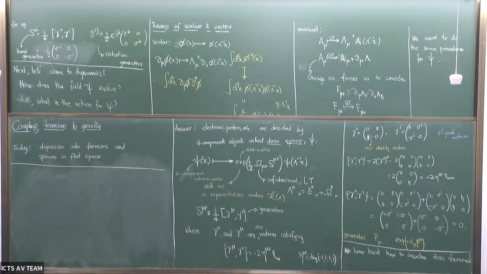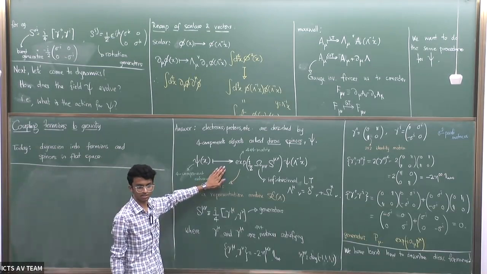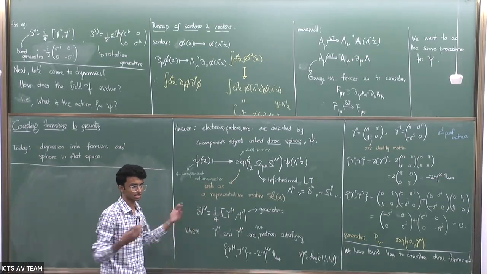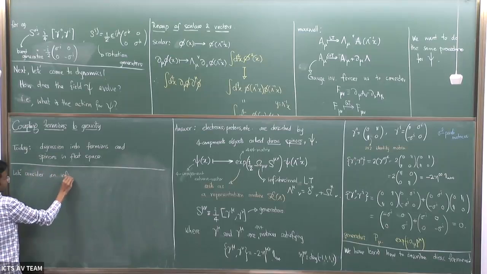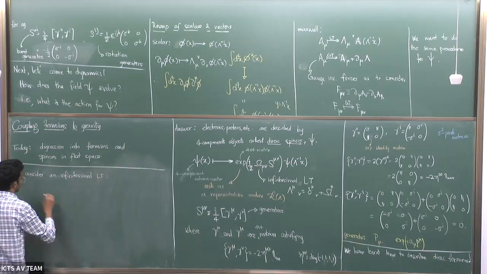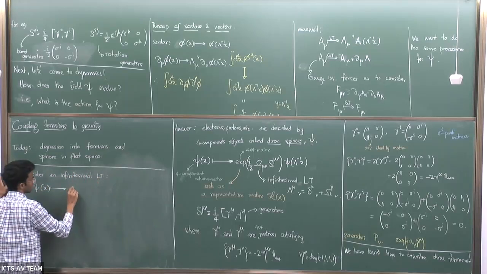So for simplicity, let me consider an infinitesimal transformation instead of a finite transformation. A finite transformation, you can just build it up by putting infinitely many infinitesimal transformations together. So let's consider an infinitesimal Lorentz transformation, under which ψ(x) will go to identity.